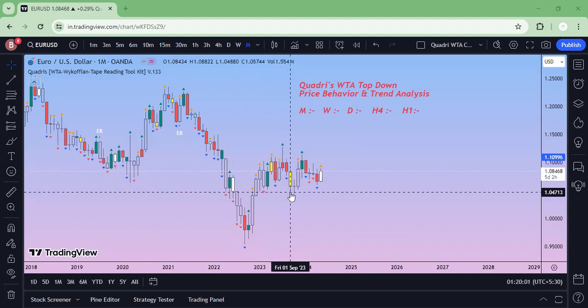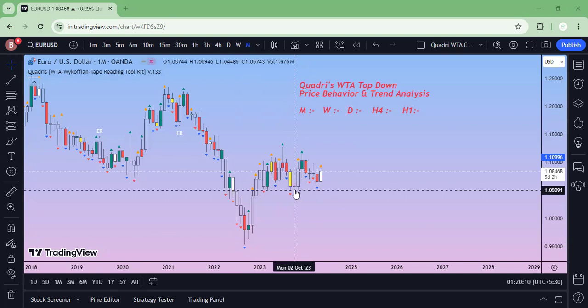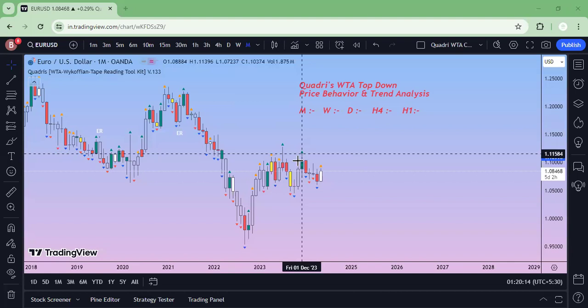The previous trend was downwards, but out of two, one thing will happen, and that happened. Price stopped over here, and this particular downward move reversed, and we came back to this particular price zone.